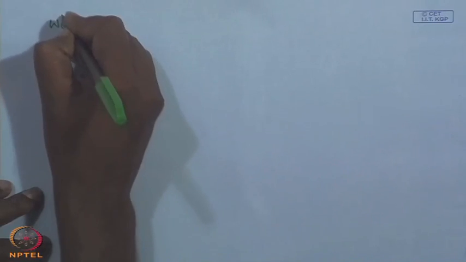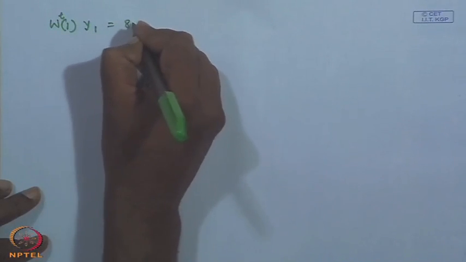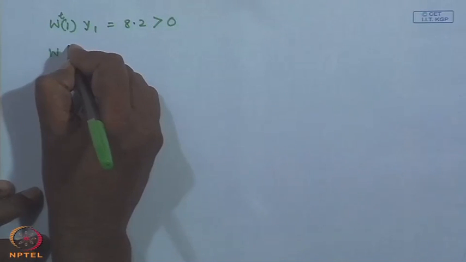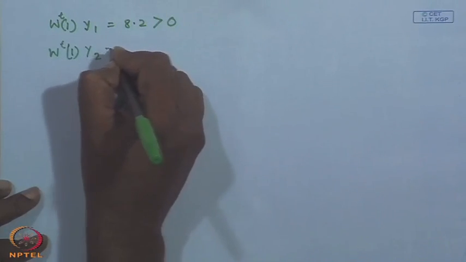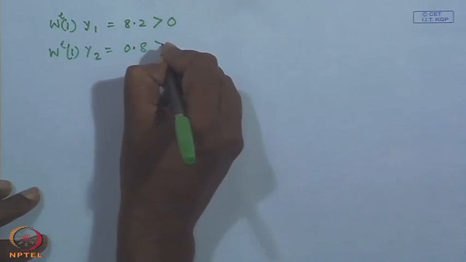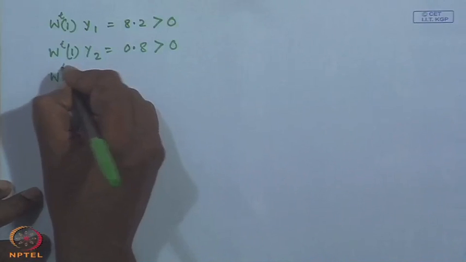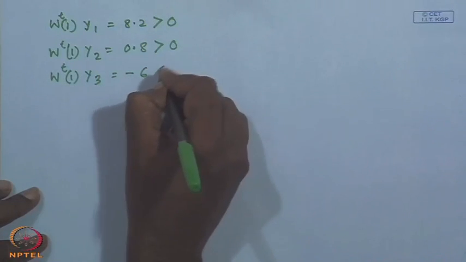W1 transpose y1 will be 8.2, which is positive. W1 transpose y2 will be 0.8, which is also positive. W1 transpose y3 will be minus 6, which is negative.